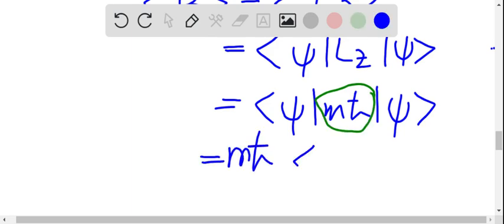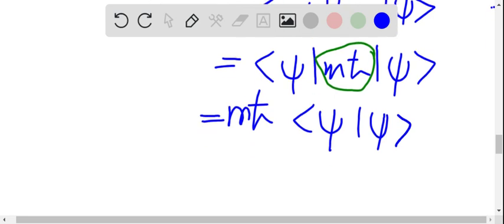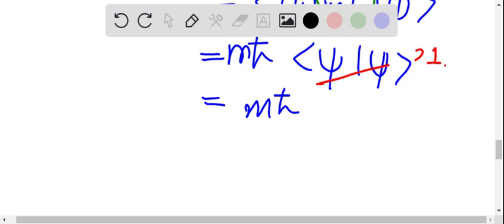So we have psi psi, which would be 1. So we would be left with m times h cross. Similarly, we would find out the expectation value for B square.